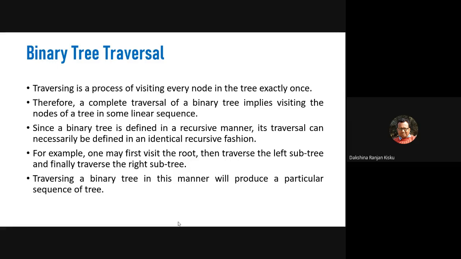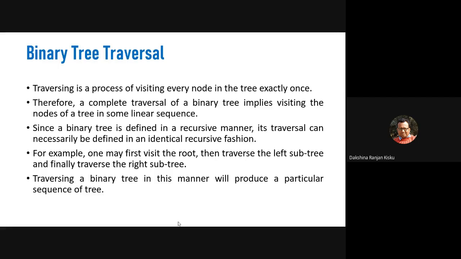Now we can make a rule that whatever the sequence, we will visit the left subtree before the right subtree. If we impose this rule in the traversing of a binary tree, then we could have three different types of traversal. In the first, we visit the root node first, then the left subtree, and finally the right subtree.